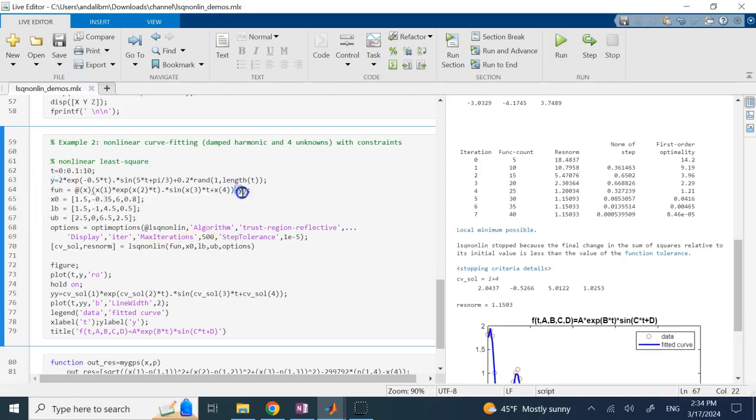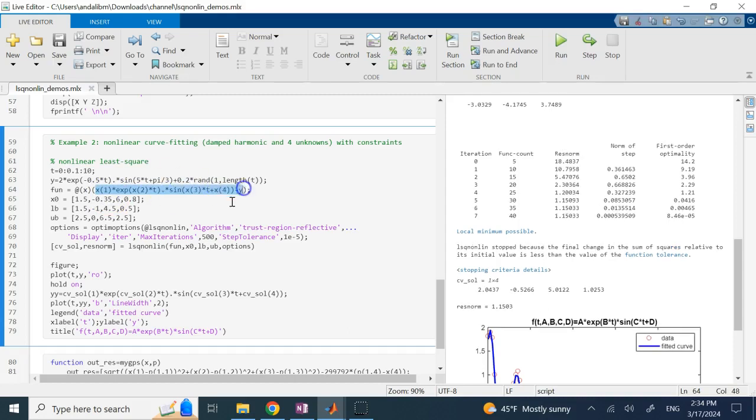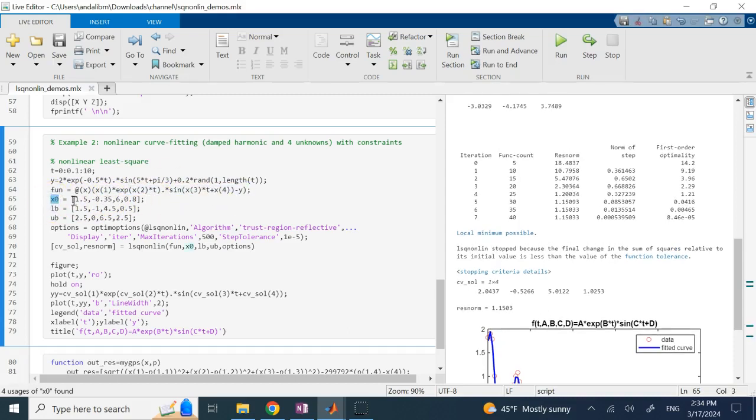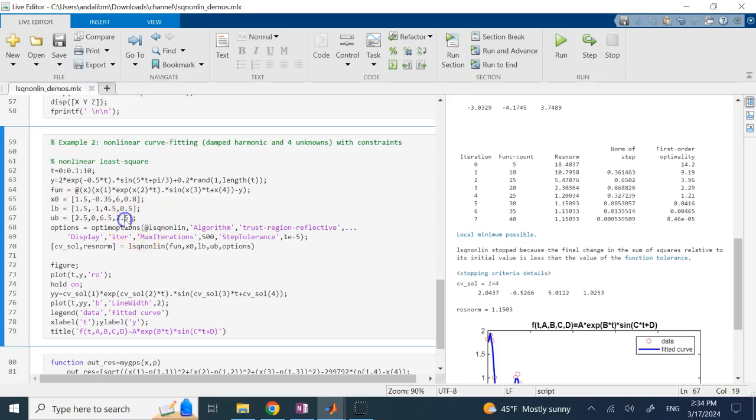Ideally, this whole parenthesis should be equal to 0, but you know it's not. So this gives me a vector function, this fun. And x0 is my initial guess, and lower and upper bound are bounds on these 4 parameters that I know from my physics or knowledge that I have.